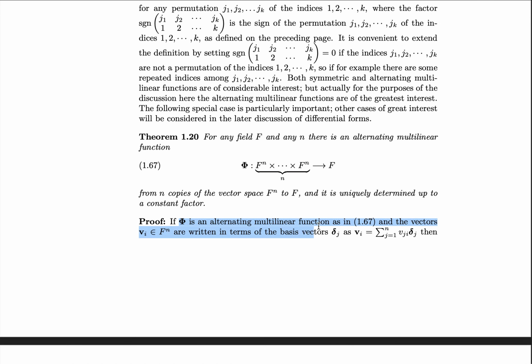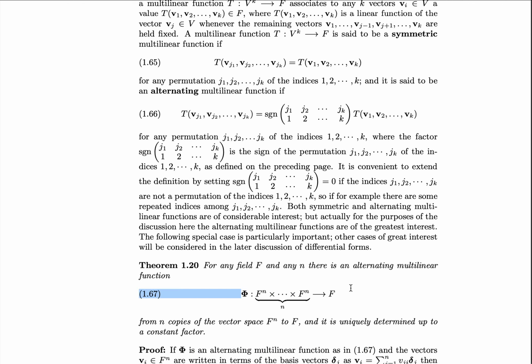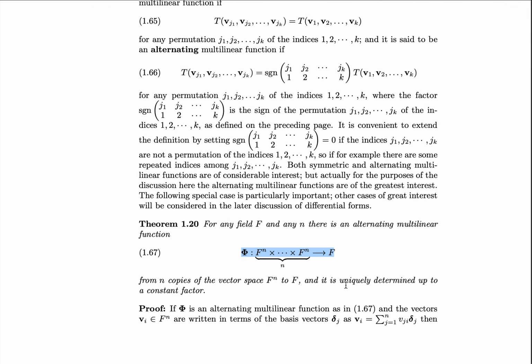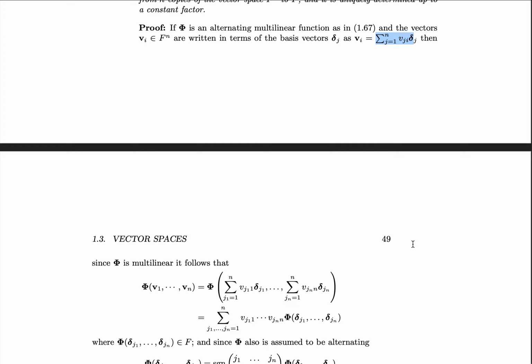If phi is an alternating multilinear function, as in 1.67, we'll recall that 1.67 is this phi, which is a linear functional from the set of all n copies of n-tuples to F. Then we have a vector v_i in F^n written in terms of the basis vectors as a sum in this way.